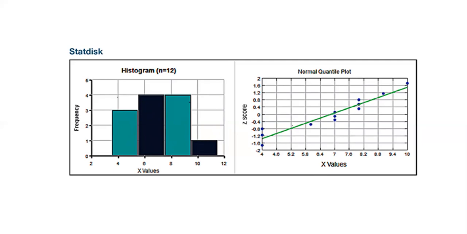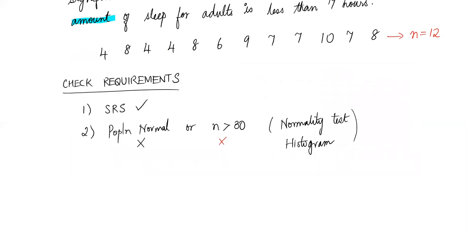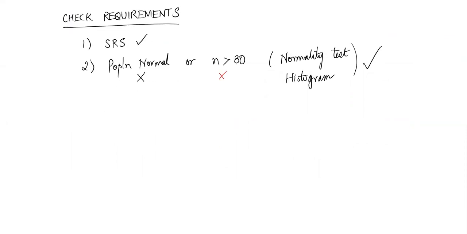So we plot these blue points, and then we use the trend line to see if you can draw a line that passes through most of these points. And you have the green line that indicates the trend line. So you can fairly say whether this appears normal or not, and we are able to say that this is approximately normal distribution. So normality test, histogram test, these two pass. Therefore, the requirements are satisfied. Now we can move on to our steps.